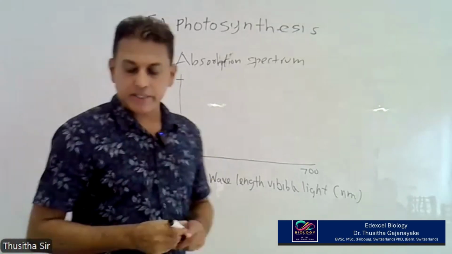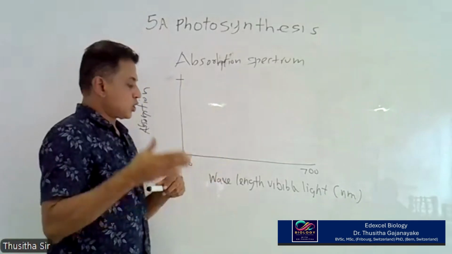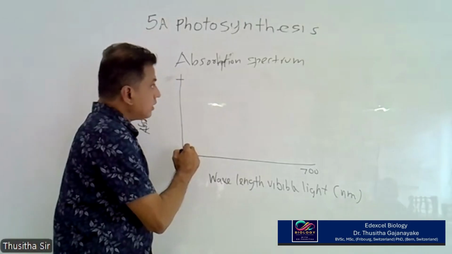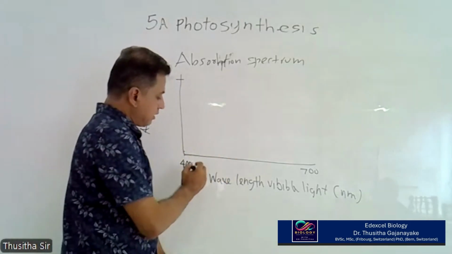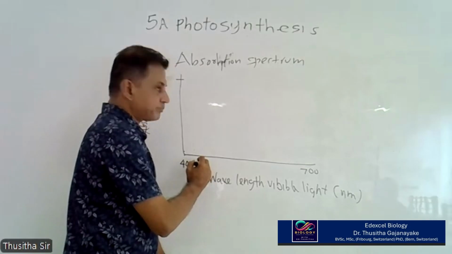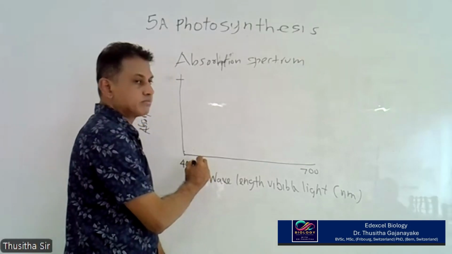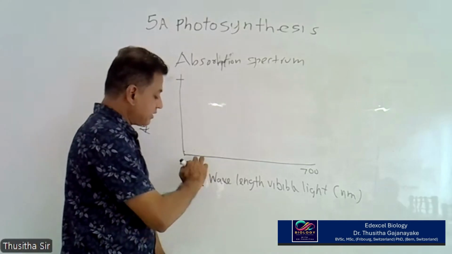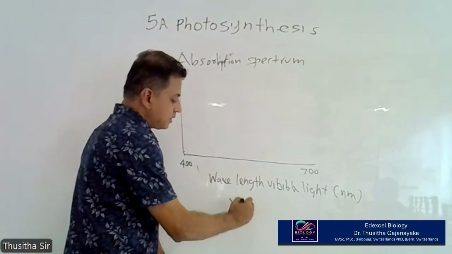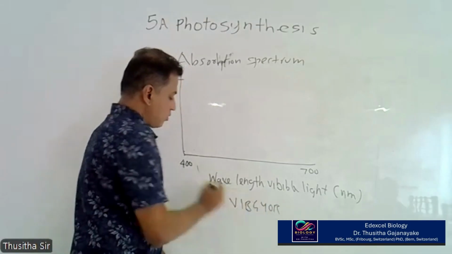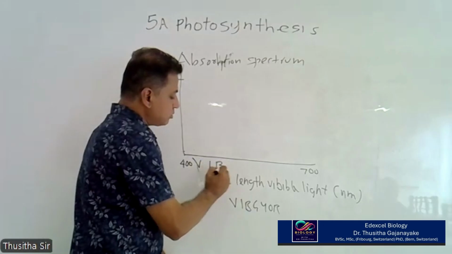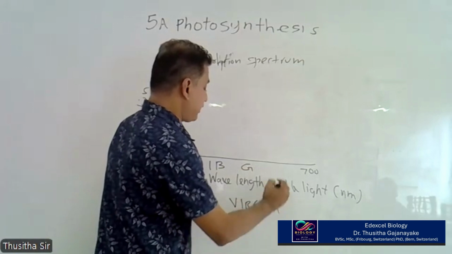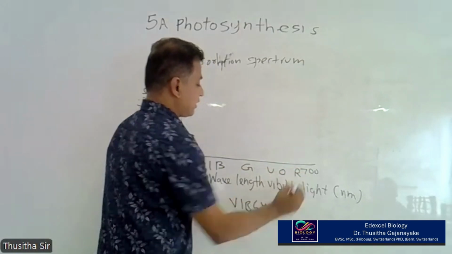We take only 3 pigments. The main pigment is chlorophyll A. So chlorophyll A can absorb light. The colors here are violet, indigo, blue, then green, yellow, orange and red.